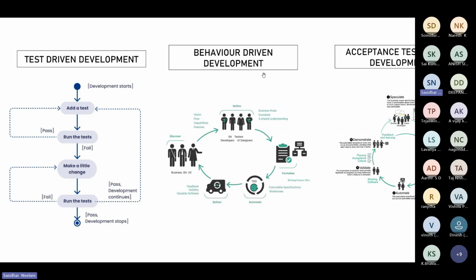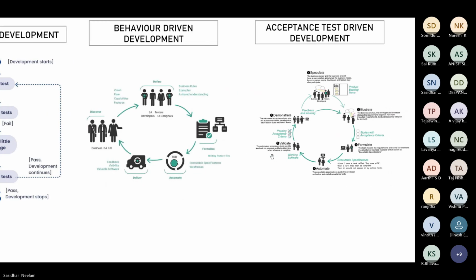So based on the product backlog, the testers, or you can say the QA, will prepare the test scripts. Sorry, test cases. You can say test scenarios. In the test scenarios, you have the test cases. Based on those test cases, the developers will develop the application. So what exactly is behavior-driven development? This is the same as test-driven, but here we will have a common language.